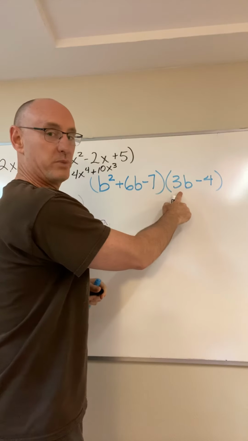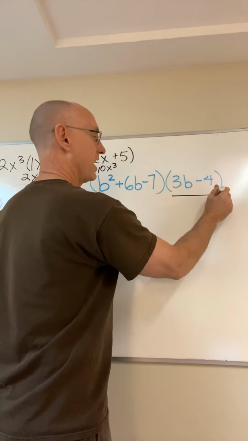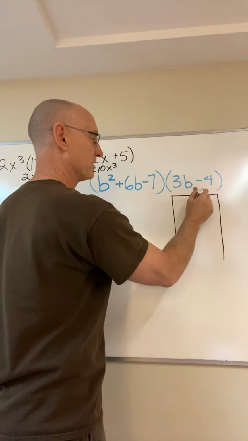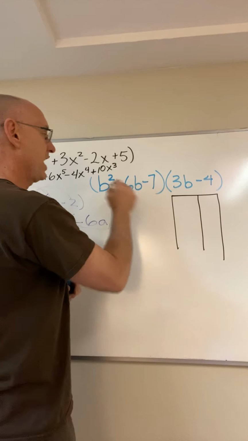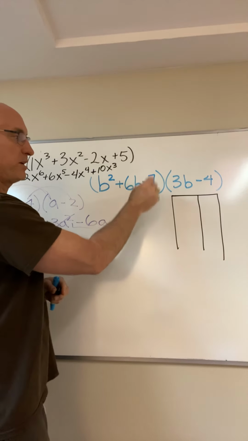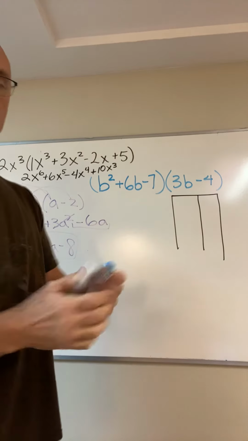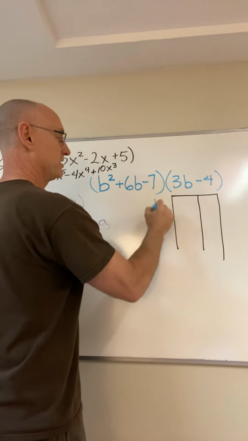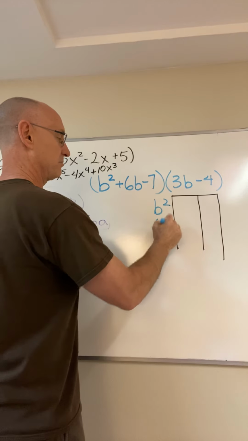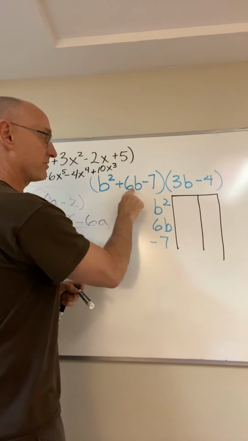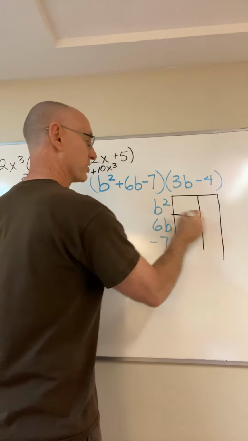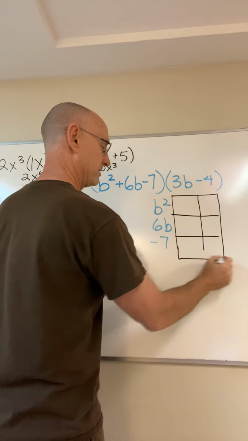You take 3b minus 4, and you put 2 columns underneath it like this. One for the 3b, one for the minus 4. And then you have the b squared, 6b, and minus 7 that all go in front, like b squared, 6b, and minus 7, like that, okay?